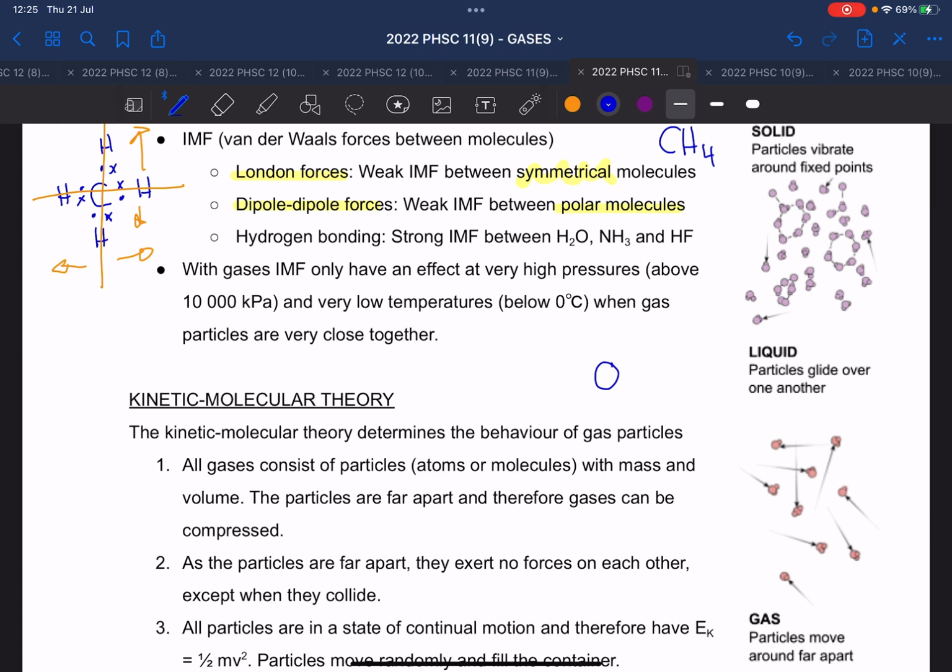Oxygen is in group 6. So it has 6 valence electrons. 1, 2, 3, 4, 5, 6. Right? H is still in group 1 and it has 1.